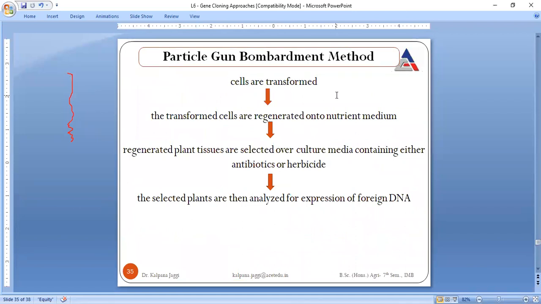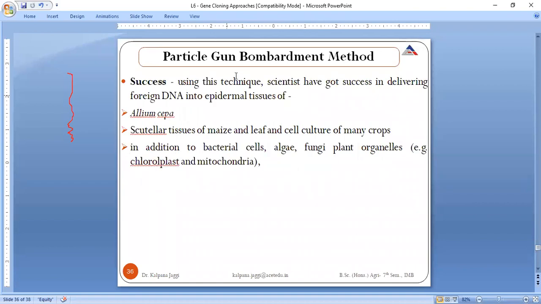That means if cells have taken up the DNA, they get transformed. Whether they are transformed can be verified by inserting a selectable marker into the foreign DNA, and later on they are allowed to grow on the media. When they grow on the media, there will be generation of shoot and root, and finally they can be transferred to the soil.